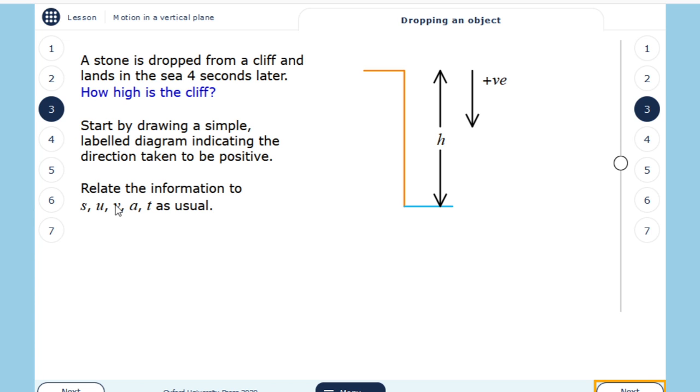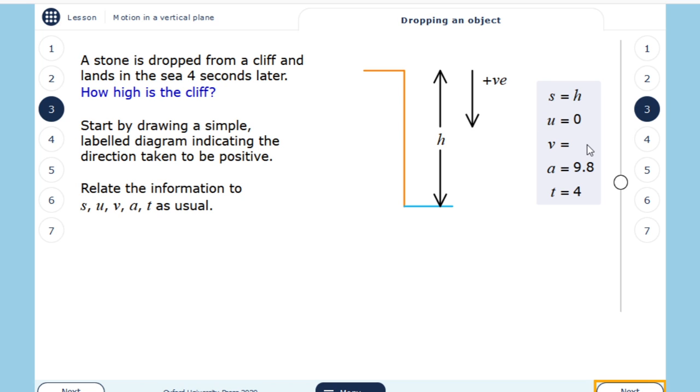Now, relate the information to SUVAT as usual. S is the distance, and in this case it's h, the height. U is the initial velocity, which is 0. When I let the stone go from here, it doesn't have any speed. The initial speed is 0.